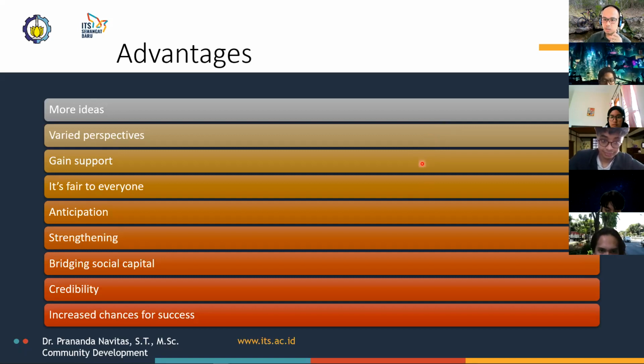It gains buy-in and support for the effort from all stakeholders by making them an integral part of the development, planning, implementation, and perhaps even evaluation.